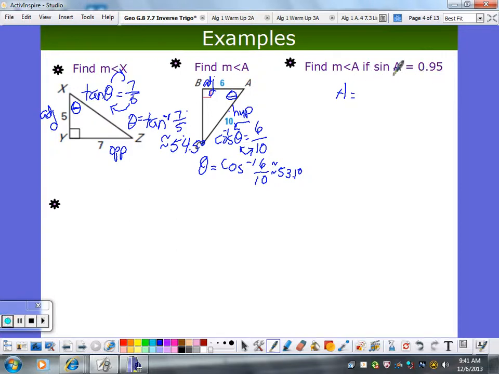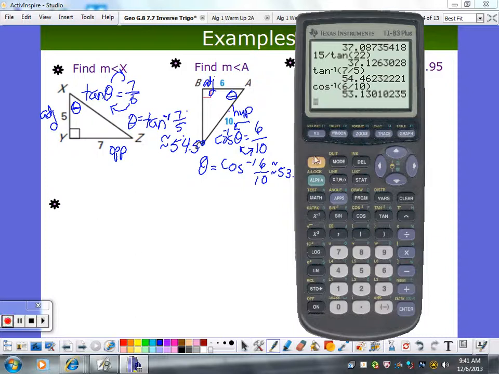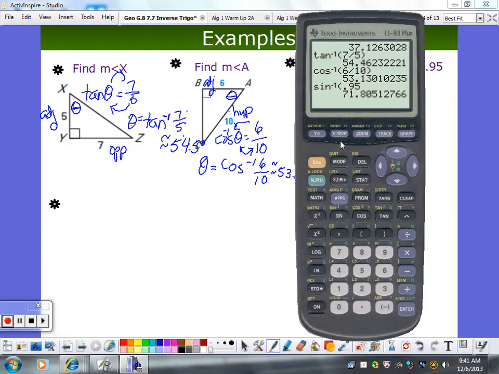No, I don't know the angle, but I know the value of its sine, 0.95. So if you don't know this, but you know this, you can use the inverse. Swap them, but don't forget to put in your -1. And then once I know that, it's just a little calculator job. About 71.8 degrees.